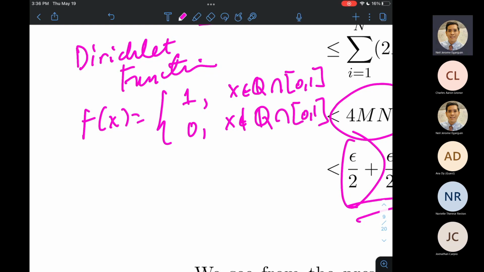Tapos na-prove yata natin na itong Dirichlet function ay hindi continuous kahit saan. Alright? So dahil hindi siya continuous kahit saan, dun sa closed interval AB, at there are infinitely many points on the closed interval AB, then hindi mag-apply sa kanya yung theorem 5.3.